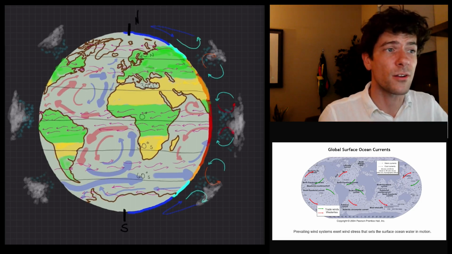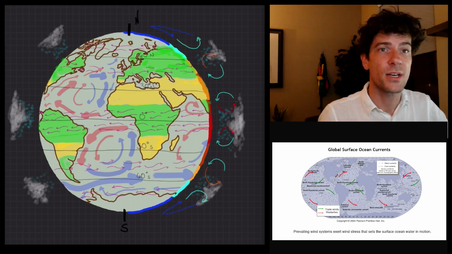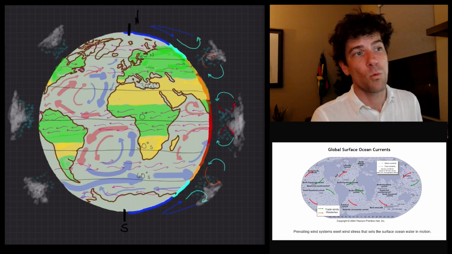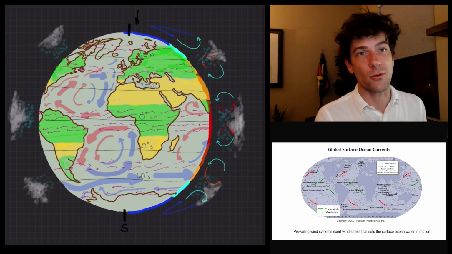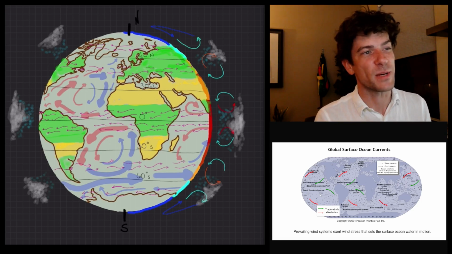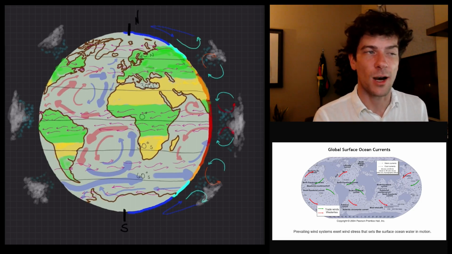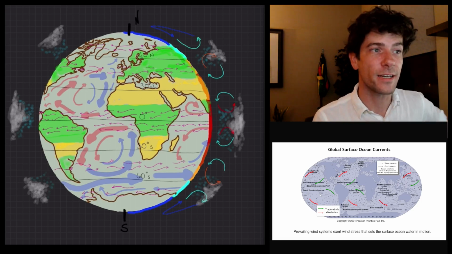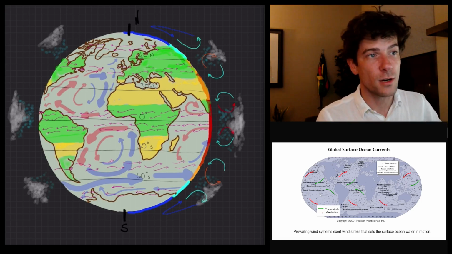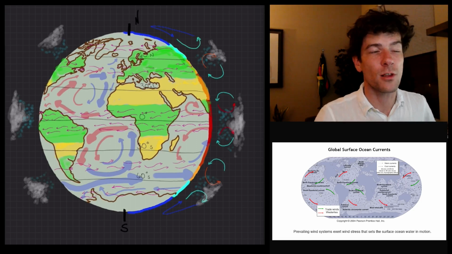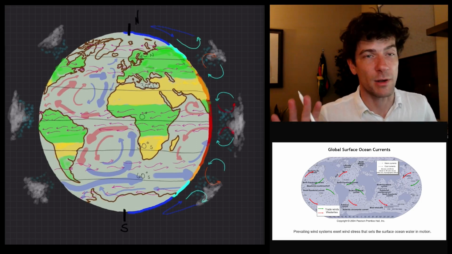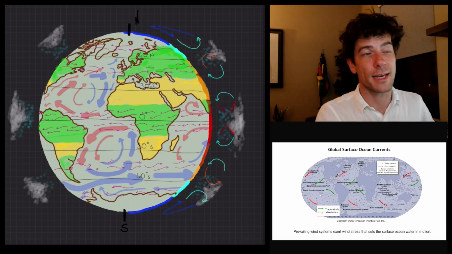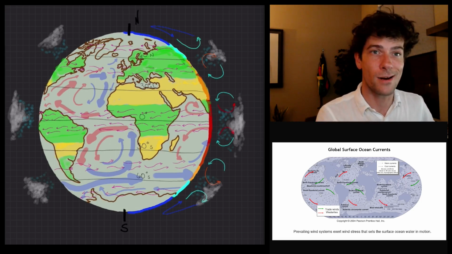So there are the circulation patterns, and I've color coded the arrows so that you can see warm water being transported from the subtropics to higher latitudes. In the South Atlantic, water is coming across the equator, driven along by the trade winds, coming from equatorial Africa across the Atlantic towards equatorial South America.